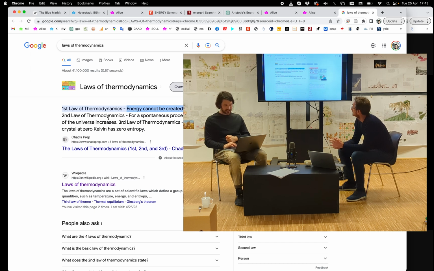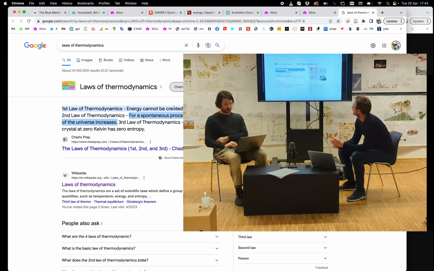That's an interesting concept. The other interesting concept, which for us will be extremely important, is the second law of thermodynamics, which says for a spontaneous process, the entropy of the universe always increases. So entropy is a measure of disorder in any system or in a universe. And this is one of the core physical concepts today.